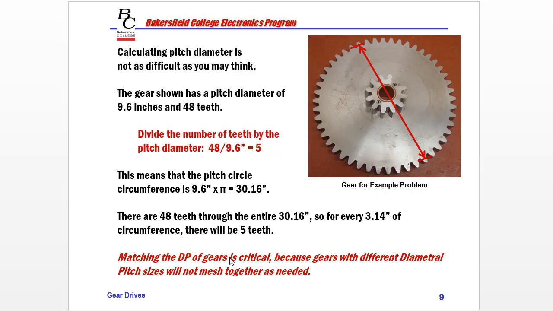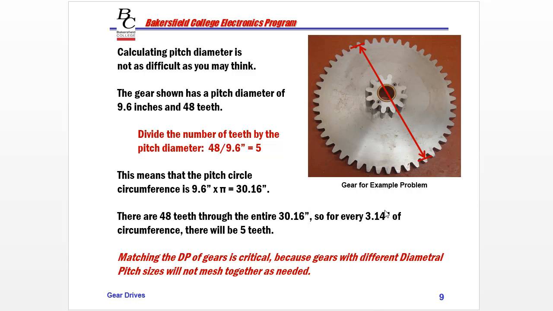Now, it's critical that we match the diametral pitch of gears. We can't take a diametral pitch of 5 and mesh it with a gear with a different diametral pitch, because for every inch of movement on that gear, there's going to be a different number of teeth meshing. So that will cause a very big problem.